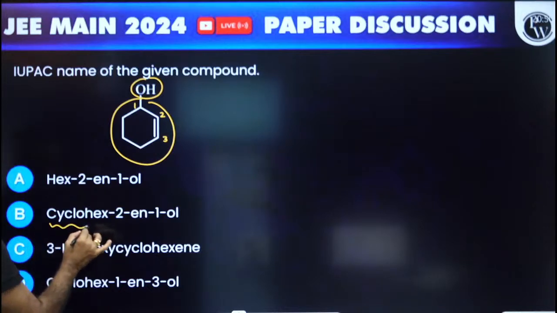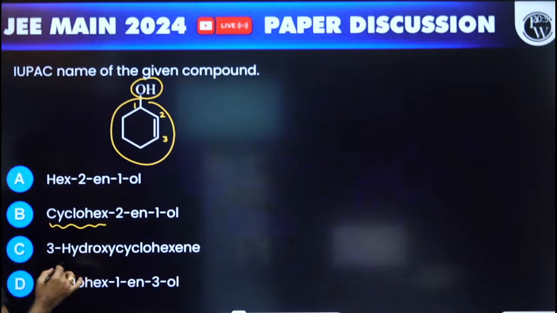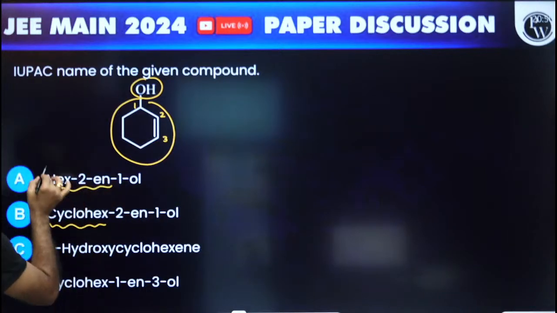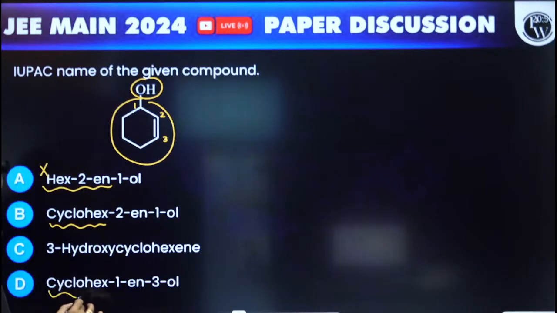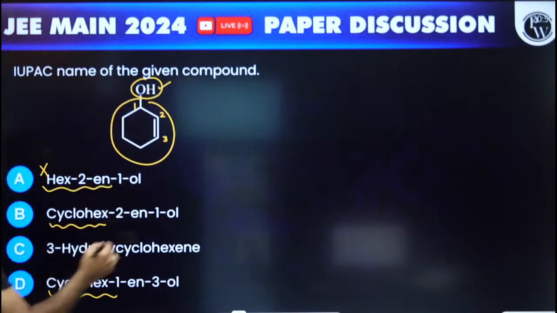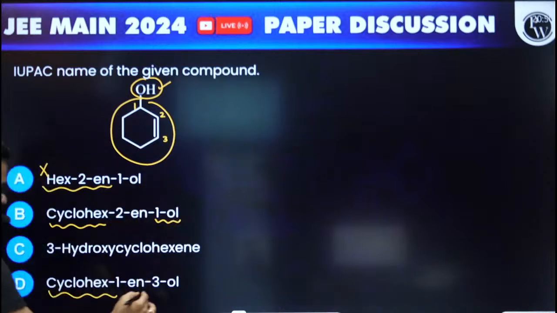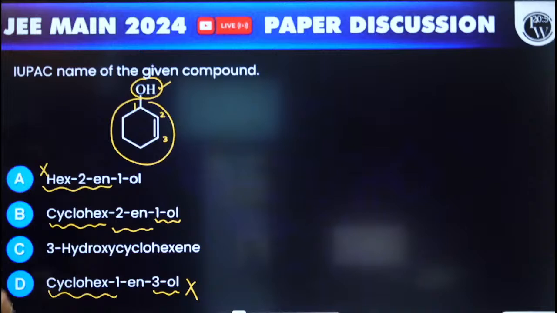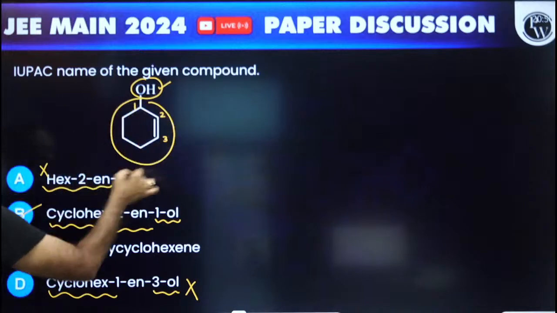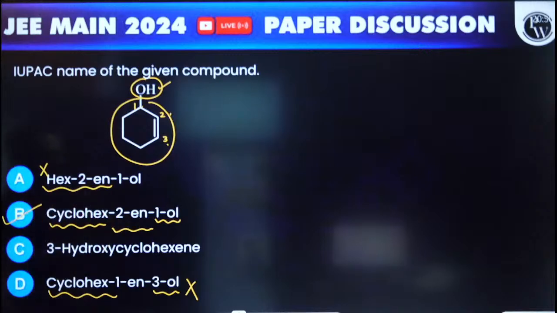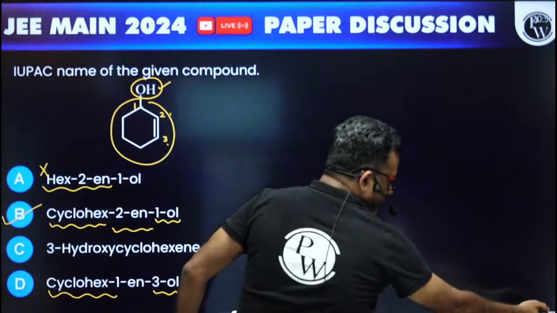We have cyclohex here. First position there is OH. Third position there is the double bond. So we have to go with this. What is the name of this? Cyclohex-2-en-1-ol. So simple.